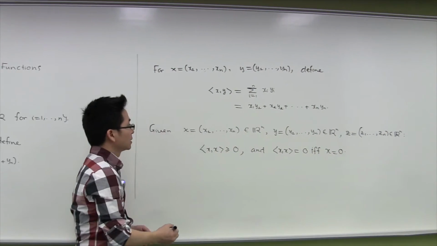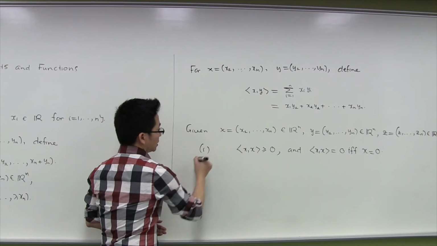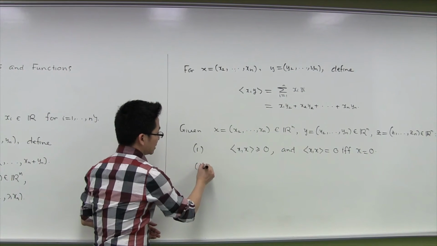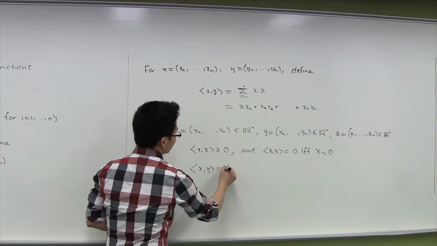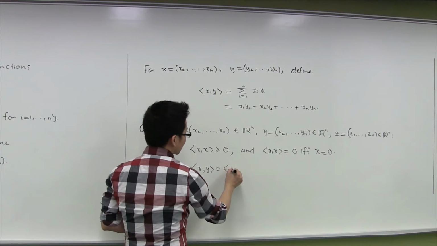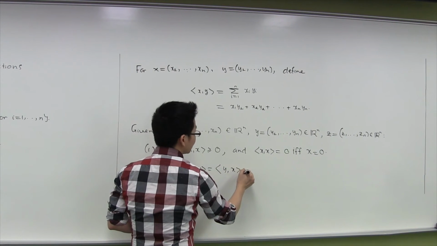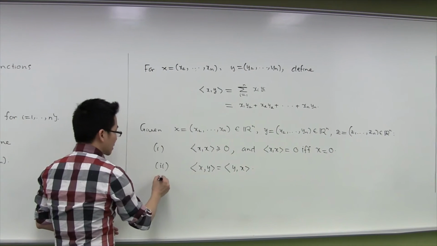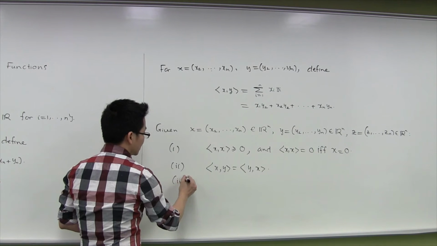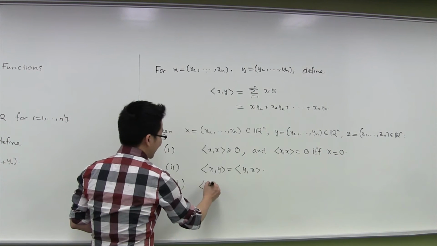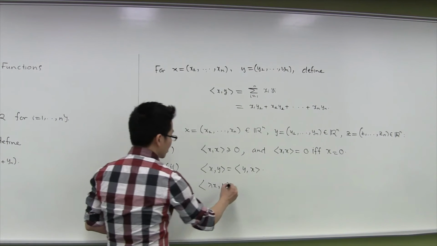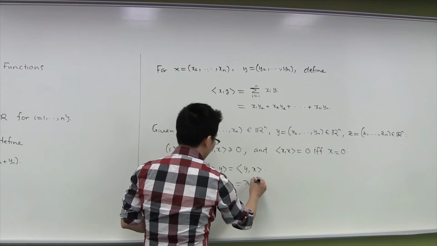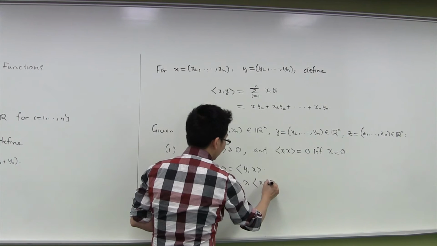Okay. The second property is the inner product of x and y is equal to the inner product of y and x. Okay. And the third property is the inner product of lambda x and y is equal to lambda times the inner product of x and y.